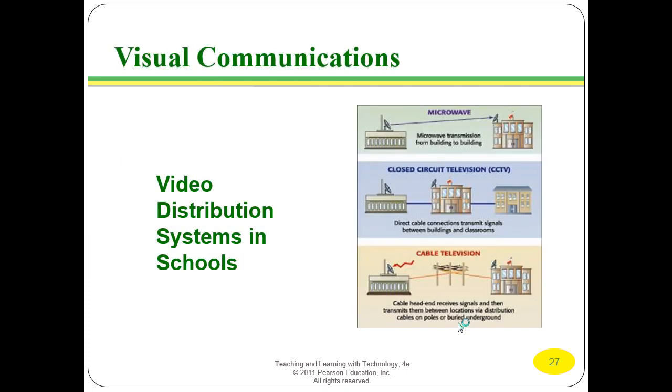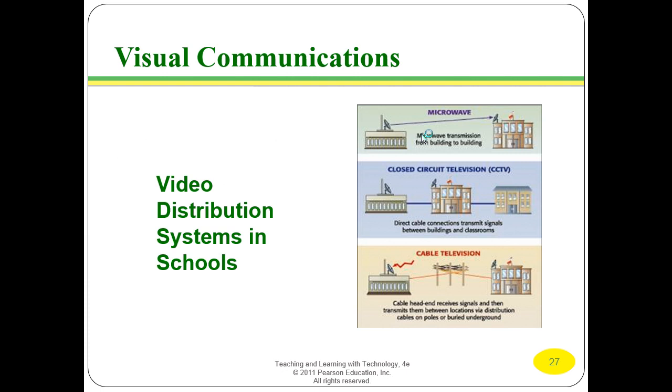And here you see a number of ways that schools can get video via microwave. Some television station will have a microwave antenna, and then you get a microwave receiver, and so you can kind of tap the signal like that.